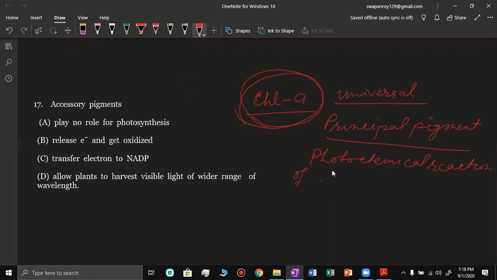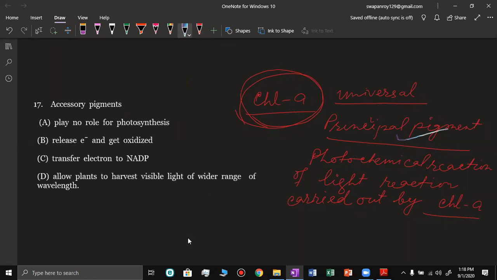The light reaction is carried out by chlorophyll A. So this is the principal pigment. All right, this one is the principal pigment.